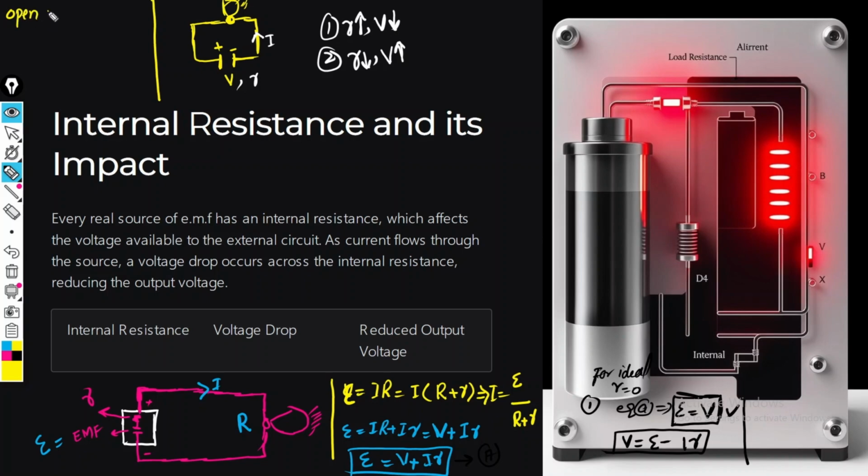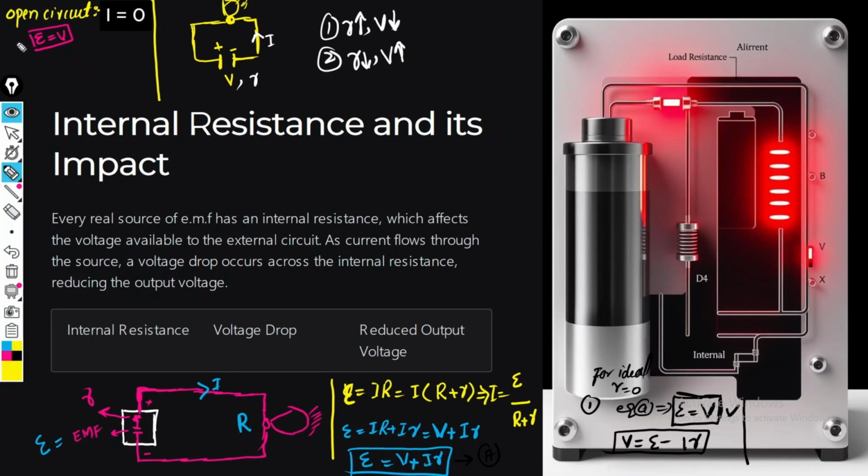For the open circuit, this small r will be 0. So if we put the small r, the internal resistance, as 0, then the electromotive force will be equal to the potential difference here. So this is for the open circuit.